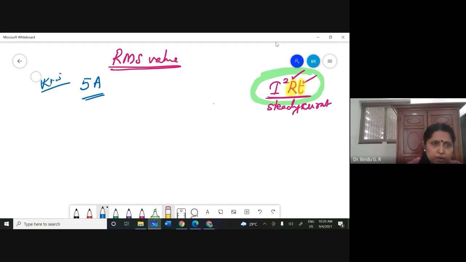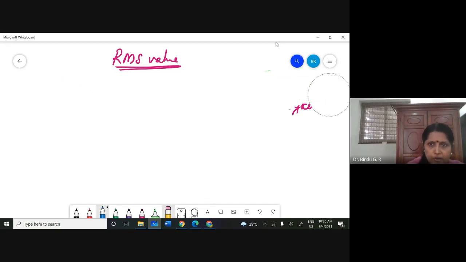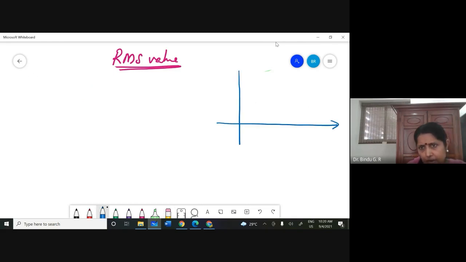Okay. Now we are going on to the derivation as before. So consider a half cycle like this, of an alternating non-sinusoidal waveform. I'm just taking this so that you can understand that for finding out the RMS value, you can do it for any kind of waveform.